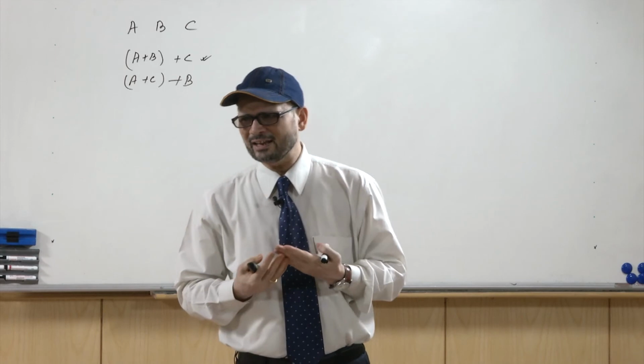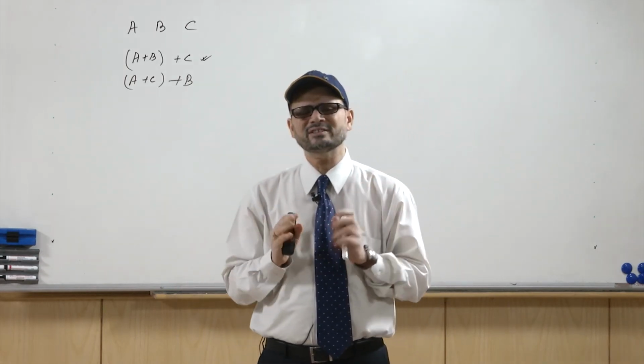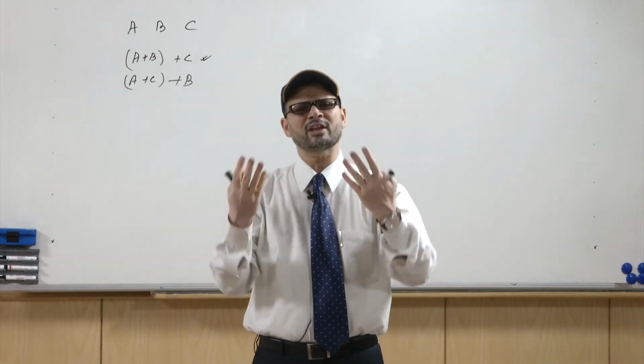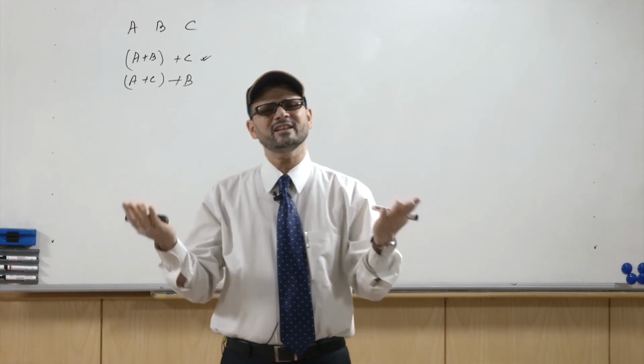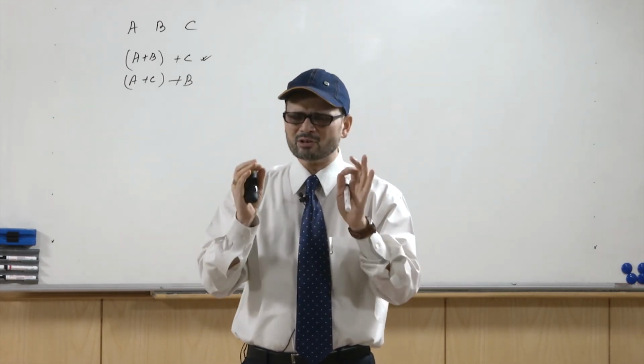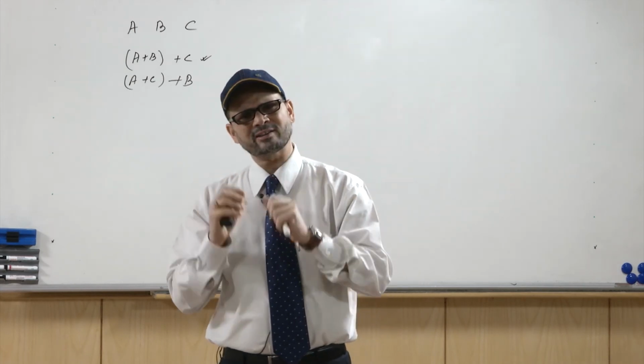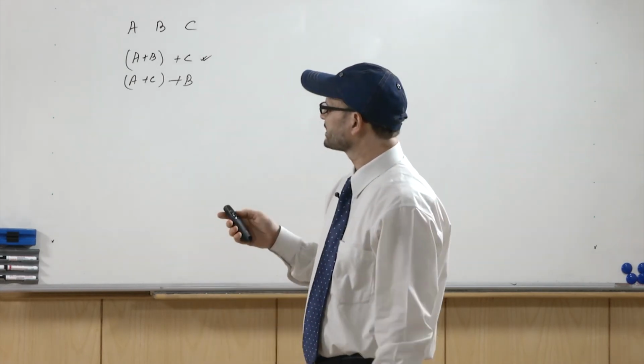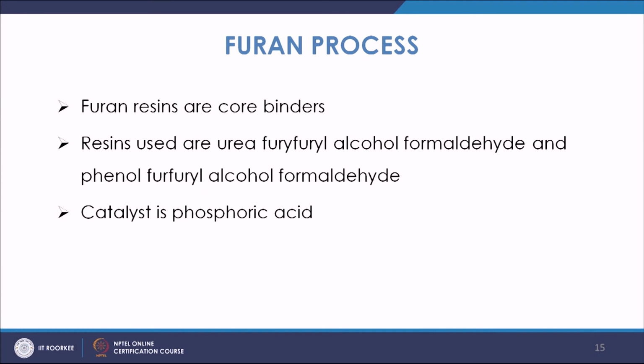The advantage of such a system is that you do not need any baking, the dimensional finish is better, the time required is less, and good productivity is attained. In this case the catalyst is phosphoric acid. So, this is about the Furan process.